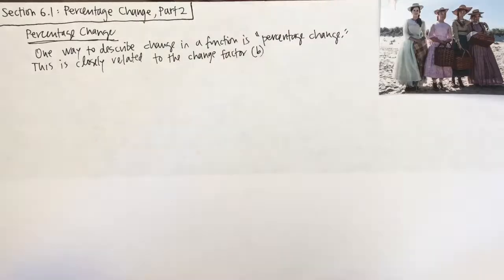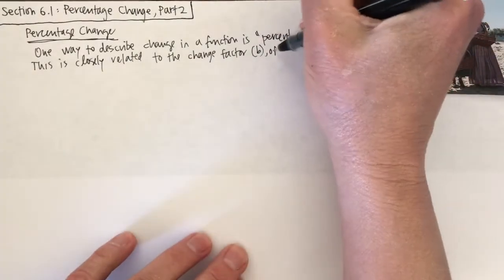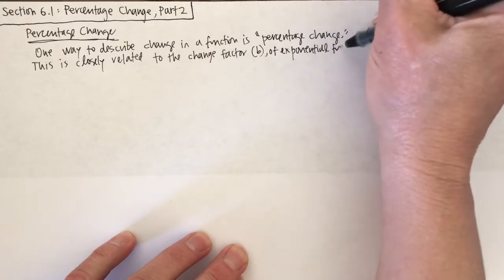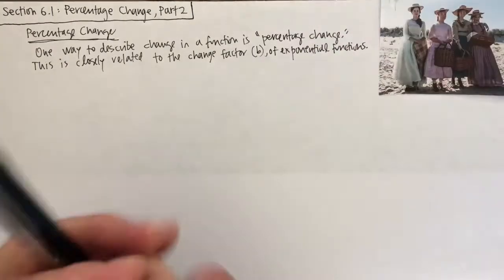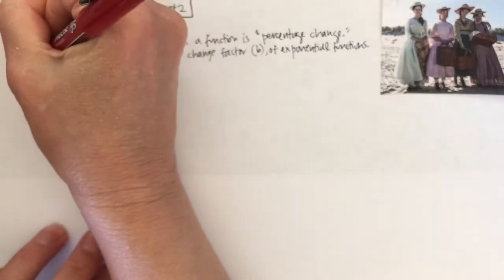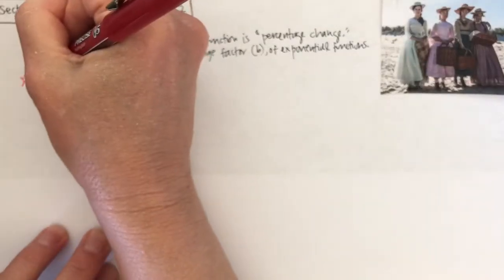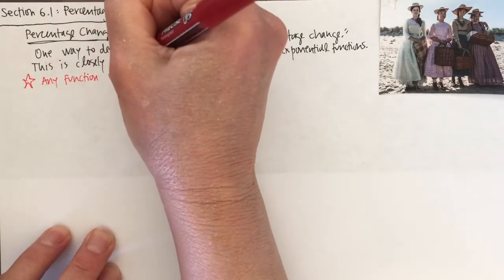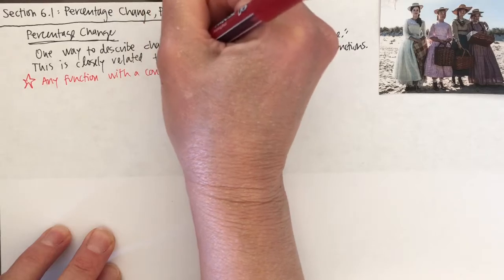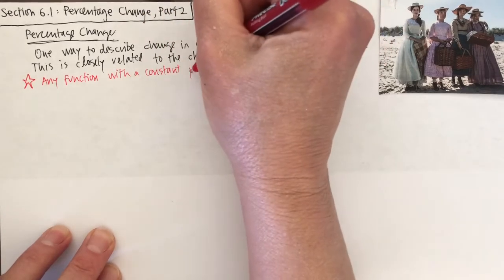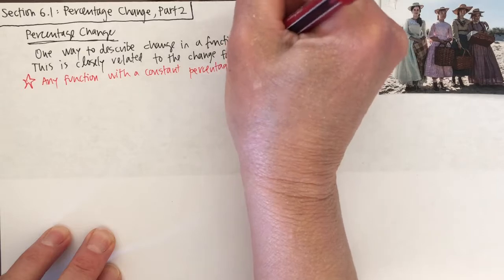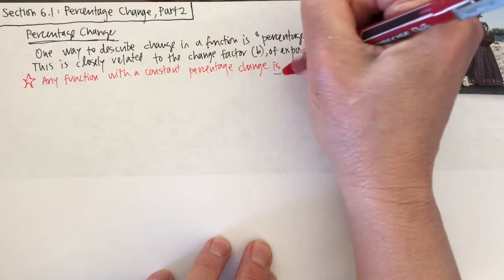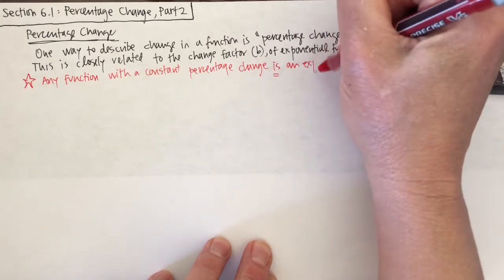Our change factor B of exponential functions. And we want to see how they're related. So before we look at some examples, I want to highlight that any function with a constant percentage change is an exponential function.